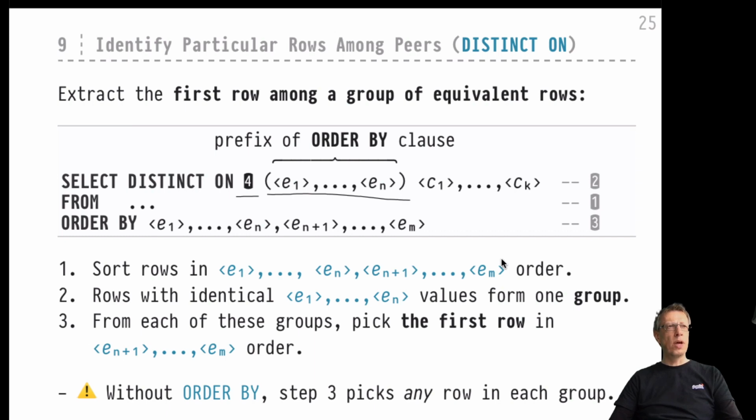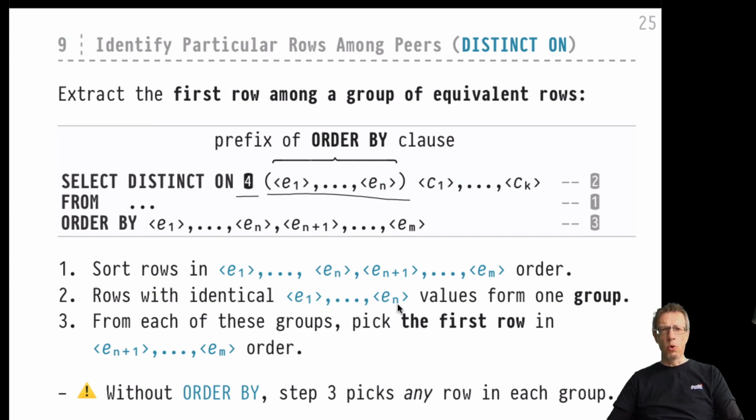Okay. Then, as I told you, all rows that agree on the E1 to EN values, on these first n sorting criteria, they form one group of rows. From this group, we will pick only one particular row. All other rows will be discarded. This one particular row is the representative of its group, of all the rows that agree in these first n sorting criteria.